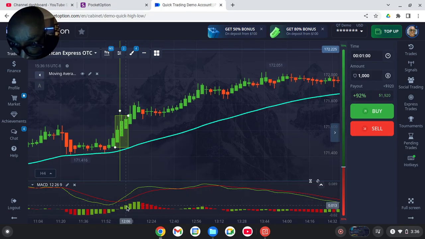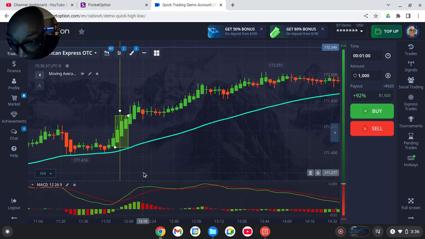Yeah, the more conservative entry would have been this candle, because you would have had a bigger brick on the MACD. These lines are starting to create space, helping us understand that we're clearly in the uptrend.